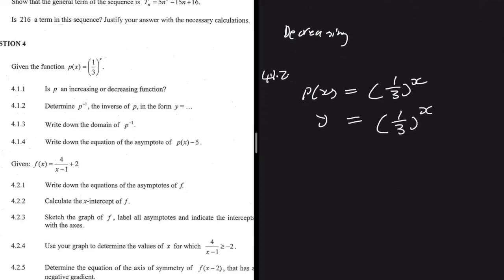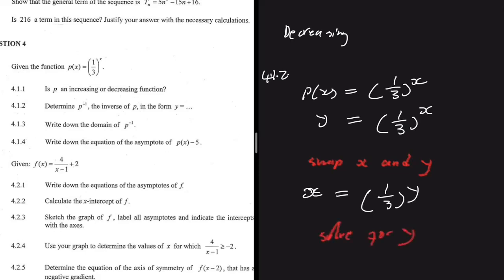So when you want to find the inverse, the first thing you want to do is to swap x and y, right? So if we go ahead and do that, we're going to have x in place of y, and in place of x, we now put y. And then from there on, all you just need to do is solve for y. As soon as you solve for y, then you're going to have the function you're looking for.